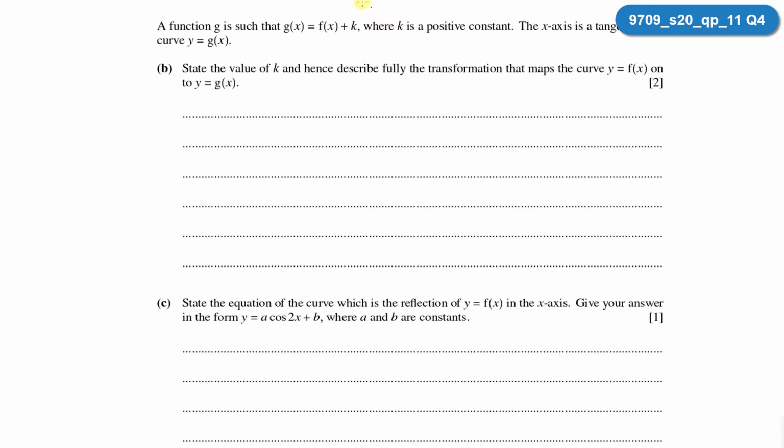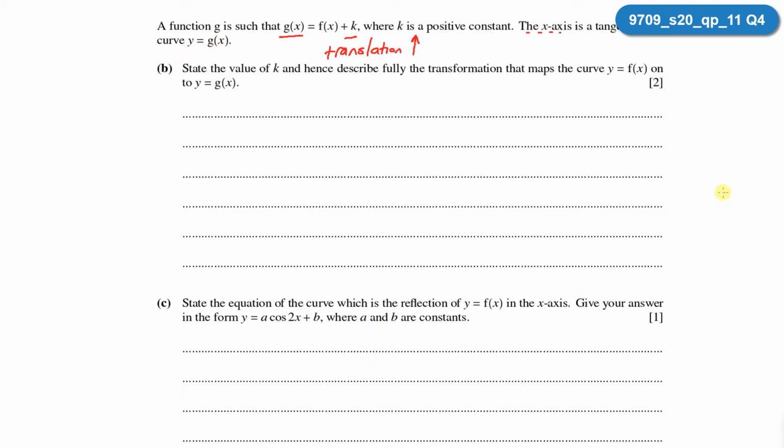So we want to use the piece of information that we have right here. Now, the new function g of x is f of x plus k. And if we're adding a constant to f of x, this represents a translation going up by k units. And to help us understand better, they say the x-axis is a tangent to the curve.